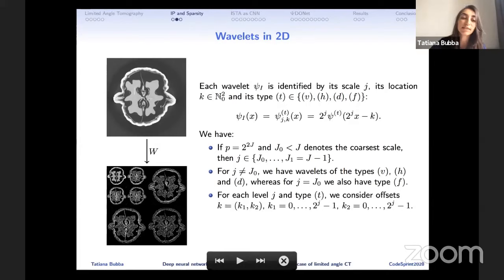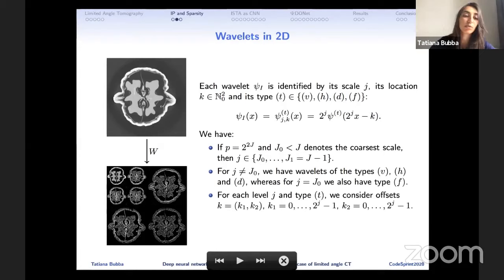The result is that from an initial image you get another image of the same size as the original target, and it is subdivided in square blocks, and each square block highlights a property of your target.